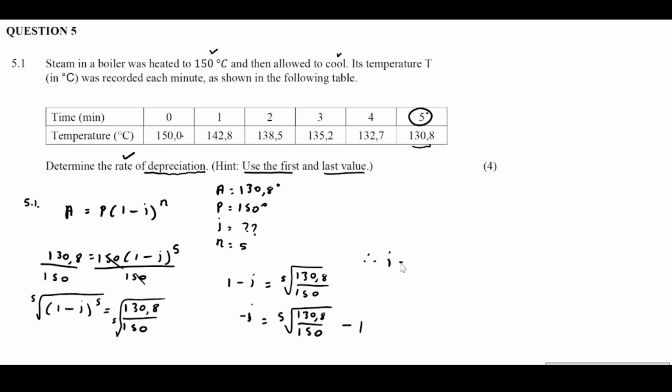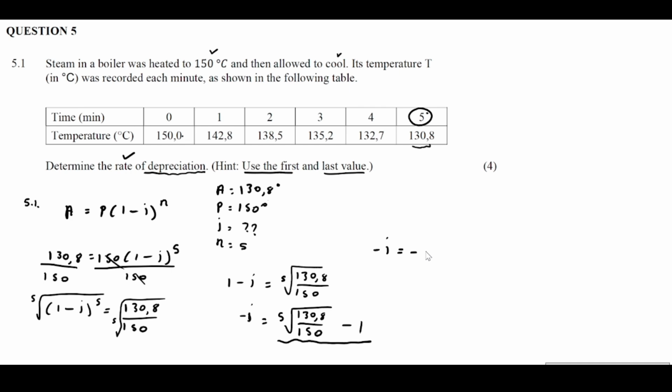Therefore my i, if you put everything into your calculator, especially this part, let's just say we have negative i. Put the whole thing into your calculator, write down all the decimal numbers, do not round them off yet until you get to the final answer.